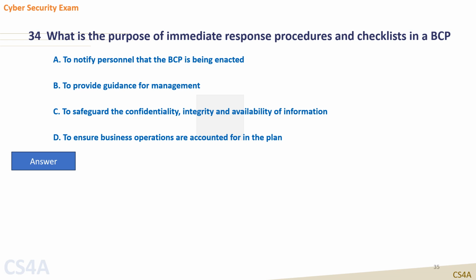Option B, to provide guidance for management. This is not the correct one. And to safeguard the confidentiality, integrity and availability of the information. This is not correct. And to ensure business operations are accounted for in the plan. This is also not related to immediate response procedures. So option A is the correct one.